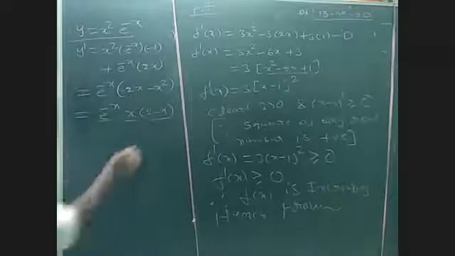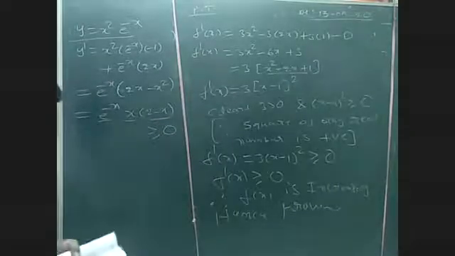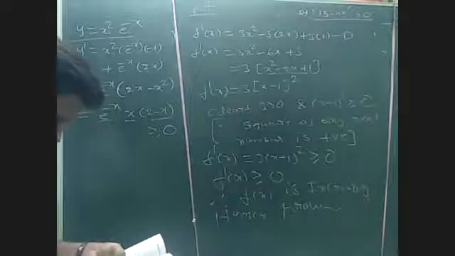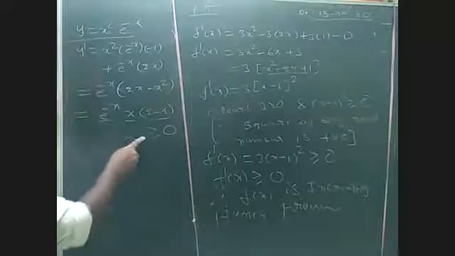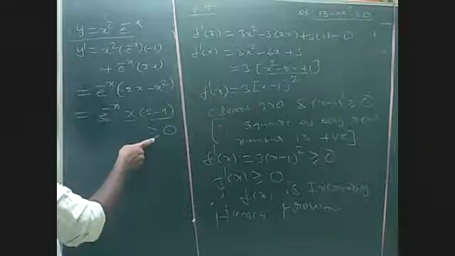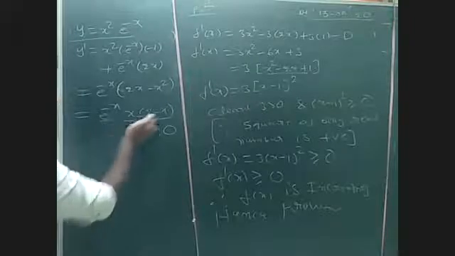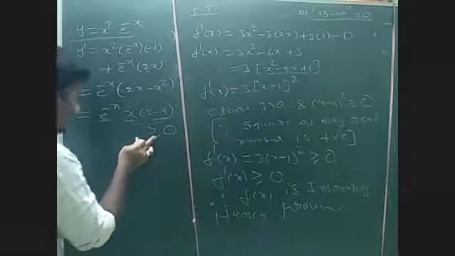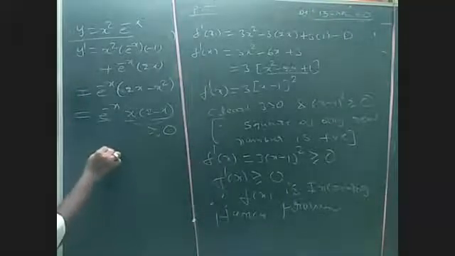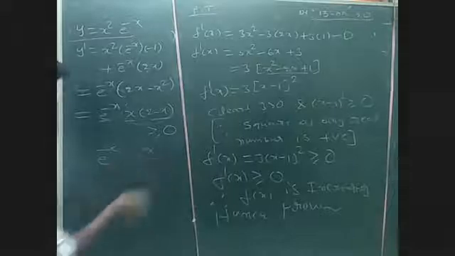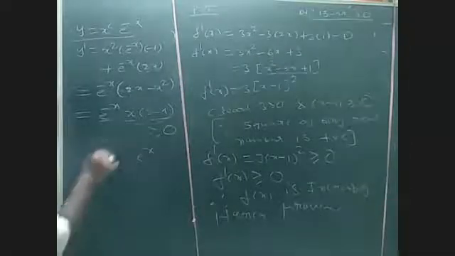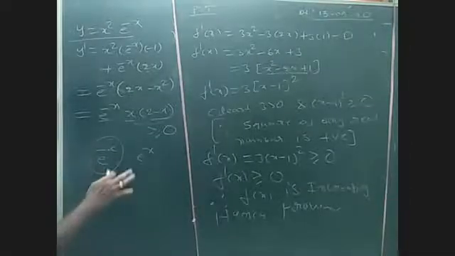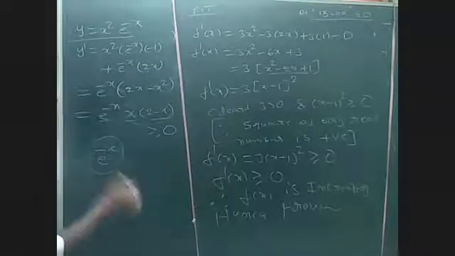So here clearly they given increasing, nothing but it should be greater than or equal to 0. Now we can check for what value of x the total function will be greater than or equal to 0. Look at here, e power minus x or e power plus x or e power minus 2x, whatever, an exponential function is always greater than 0.